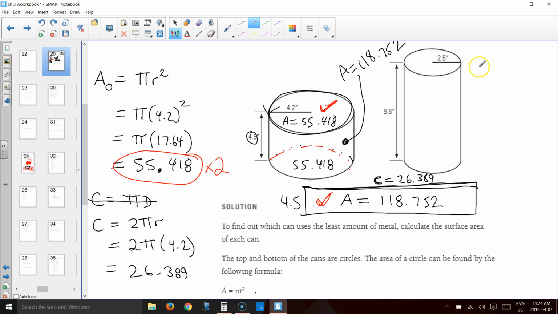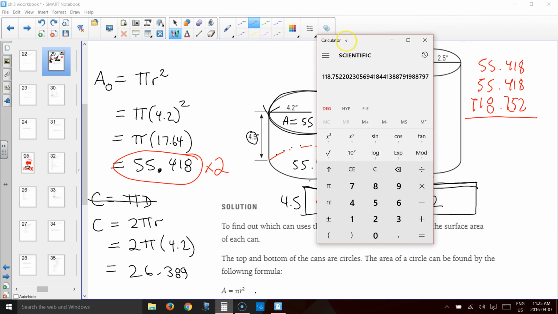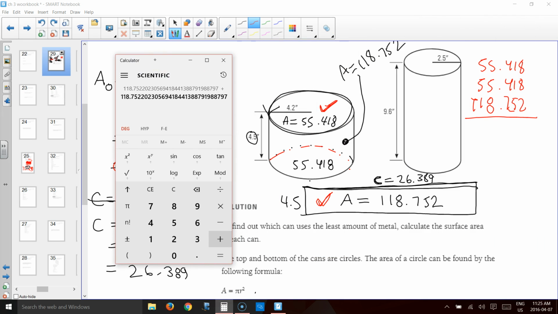So I'm going to total up 55.418, another 55.418, and a 118.752. I'm going to total all that up. So add the 55.418 and another one.